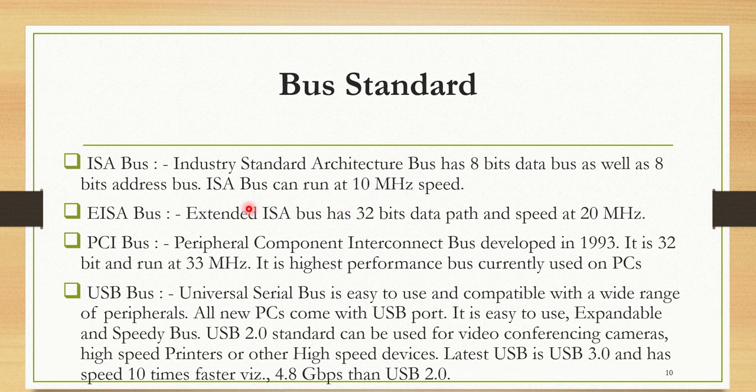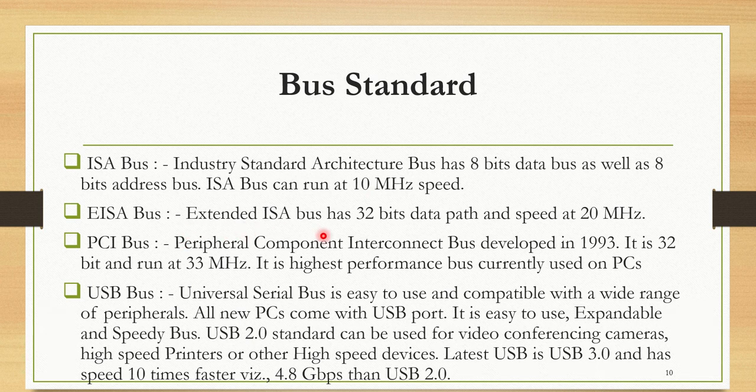Initially, the earlier computers, the XT and AT machines, had an 8-bit data bus and 8-bit address bus. So the standard was called ISA standard.